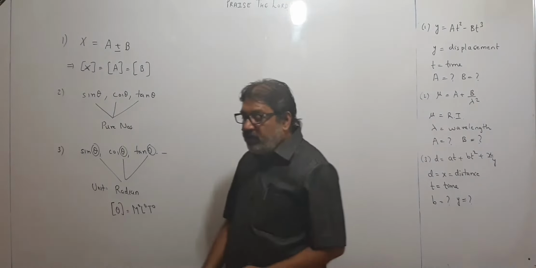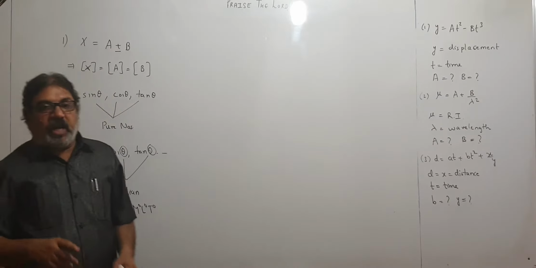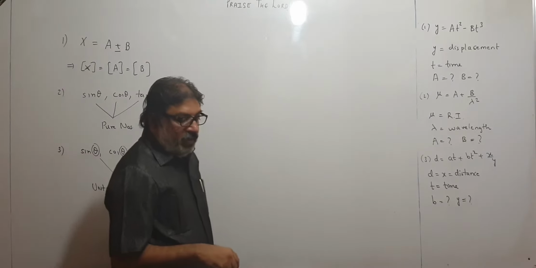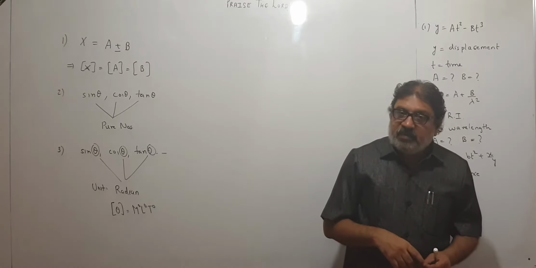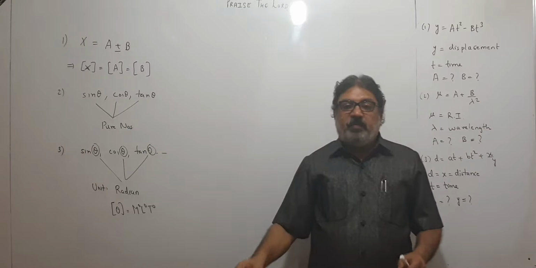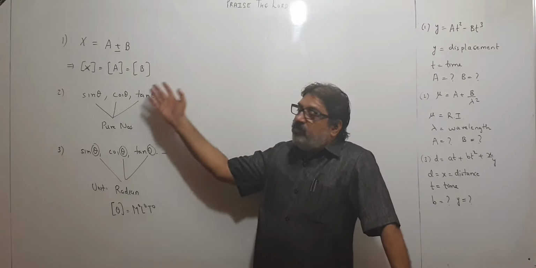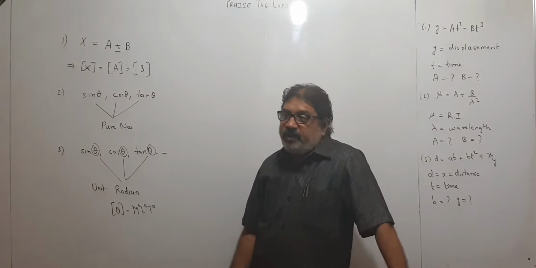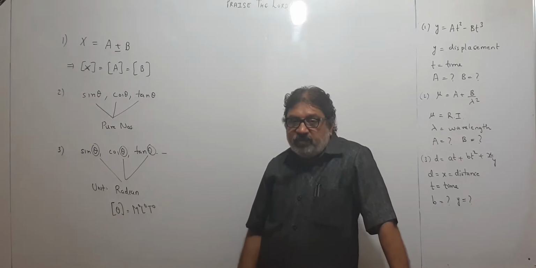So if angle is involved, we will become alert. Then maybe units are not matching, but dimensions will still match. And if there is an equation which does not involve angle, then units as well as dimensions both will match. So either you can say dimensions are same or you can say units are same, provided angle is not included anywhere. Please remember that much.